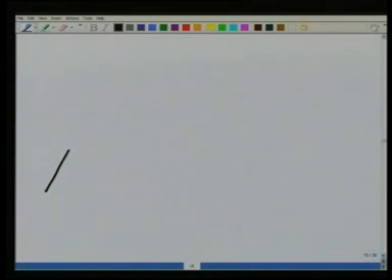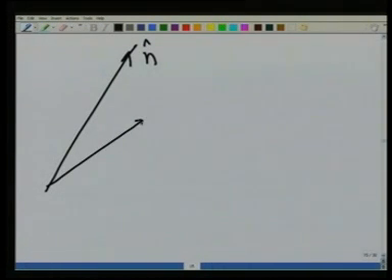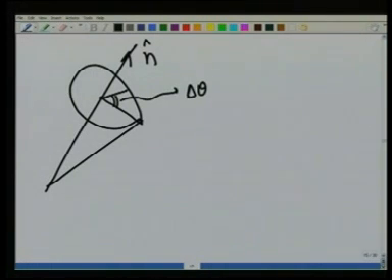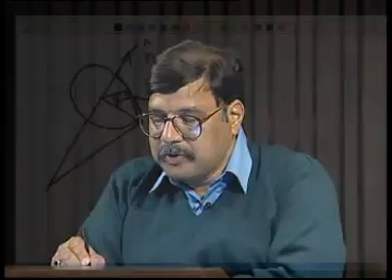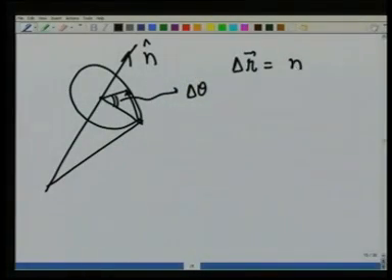I have taken an axis in the direction of unit vector n, taken a vector r, which is rotated by a small angle delta theta, and I want to know this change. This direction is automatically n cross r, and this change delta r is n cross r, right direction, right magnitude of this radius times delta theta.